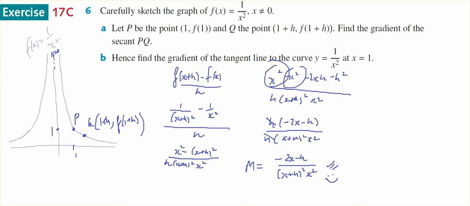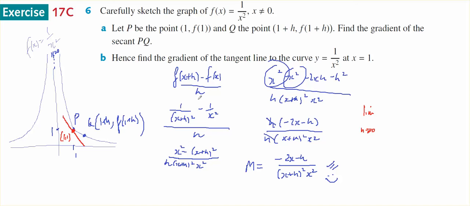Part B then says, find the gradient of the tangent. So the tangent will be the line that touches at point P, and I know one point on it is (1, 1). I need to know its gradient. The gradient will be the instantaneous rate of change at point P, and that will happen when I limit h to 0.